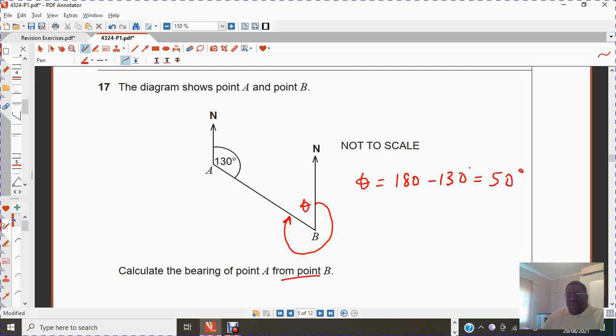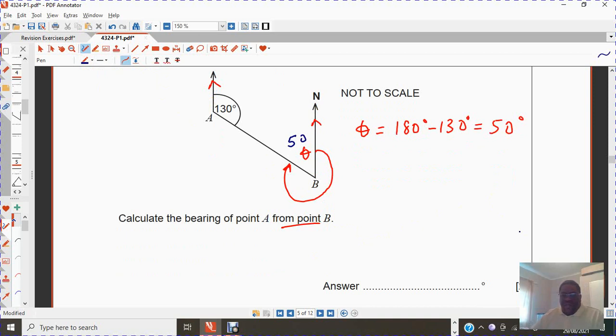The reason for that is that this 130, these angles are between parallel lines and therefore they are supplementary. So this here is 50 degrees. Then the whole thing should give you a revolution. So in order for us to solve that particular question, you can simply say 360 degrees take away 50 degrees. There are many ways you can do this, but you should get the answer of 310 degrees.